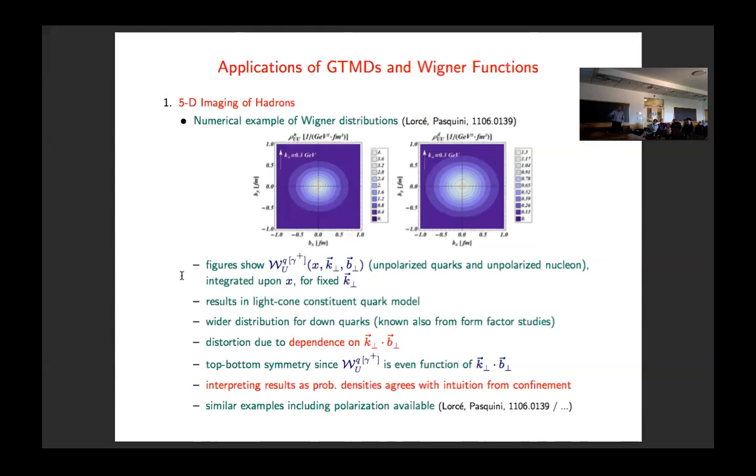And this is due to the fact that you can show that this object is just an even function of that argument. In other words, an even function of the cosine of the relative angle between b perp and k perp. This implies this top-bottom symmetry. And then, at least partly, you can understand the fact that the thing gets squeezed from intuition from confinement.